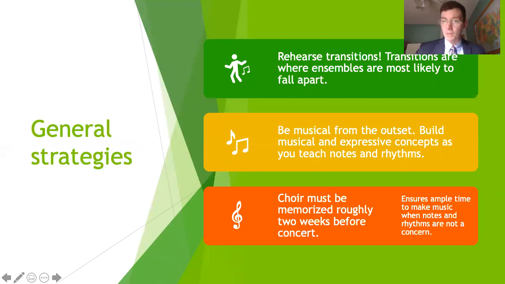A couple of strategies. I mentioned this a bit in the previous slide. One is rehearsing those transitions. Transitions are those spots where we're most likely to fall apart. They're the sections we are probably least likely to rehearse and drill, but they're the place where the seams of the music happen.